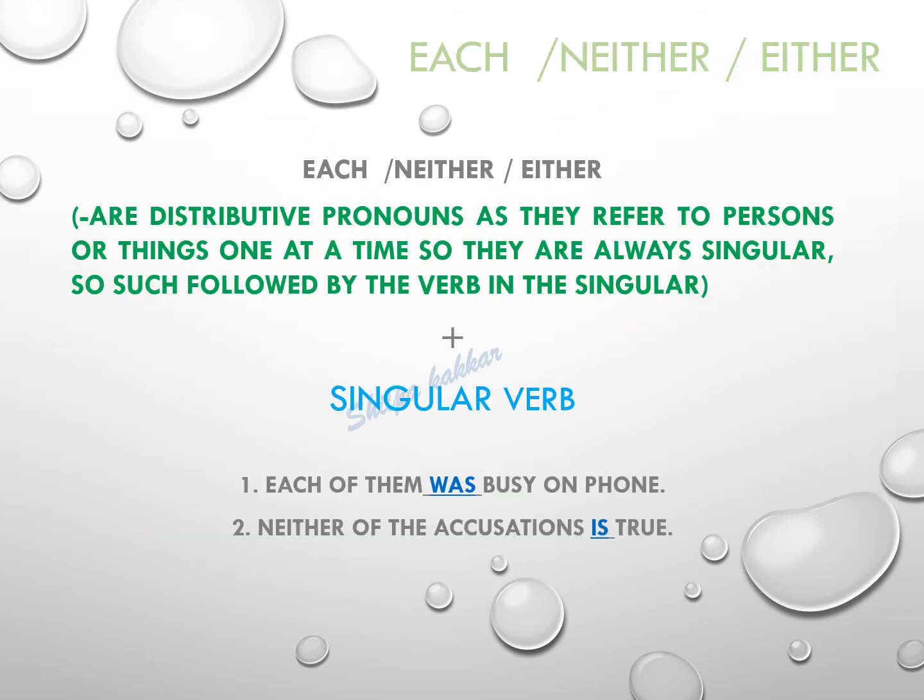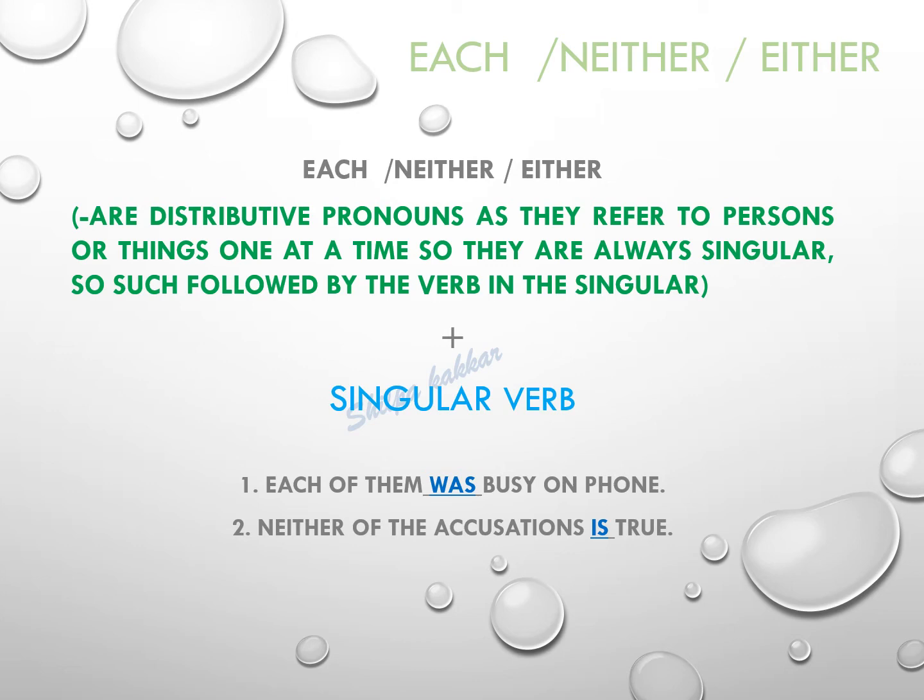Next is when a sentence carries each, neither, either. These are distributive pronouns, as these words each, neither, either refer to persons or things one at a time. Be careful.